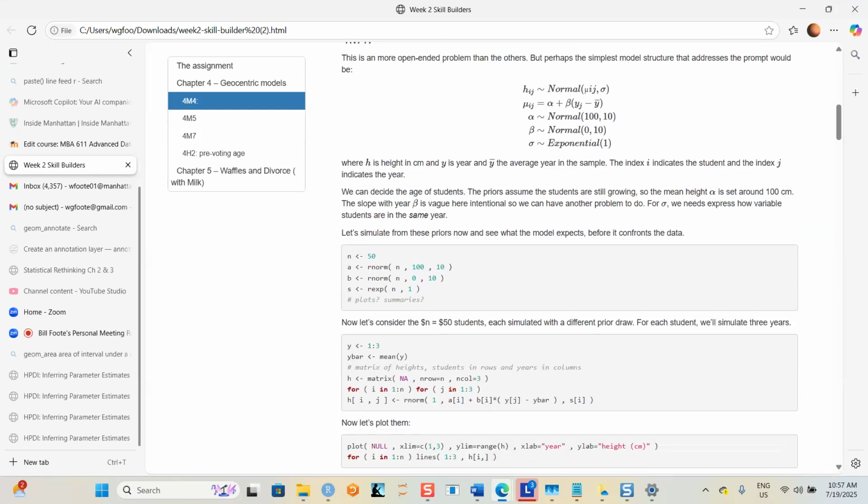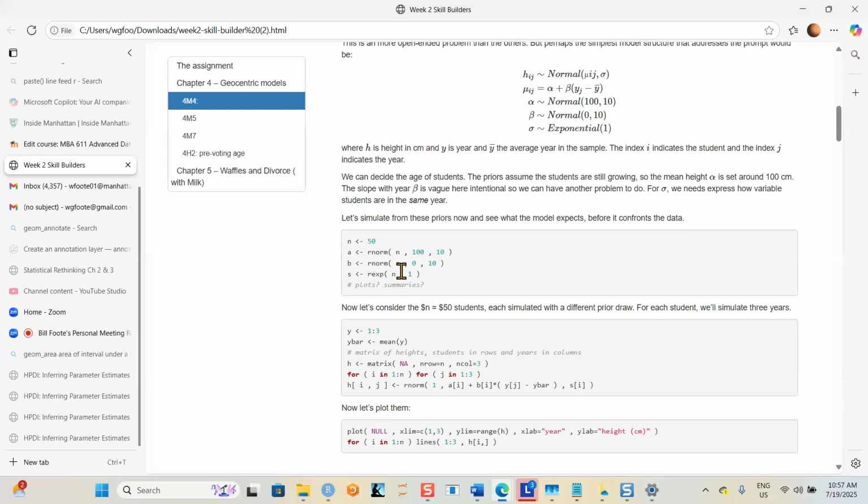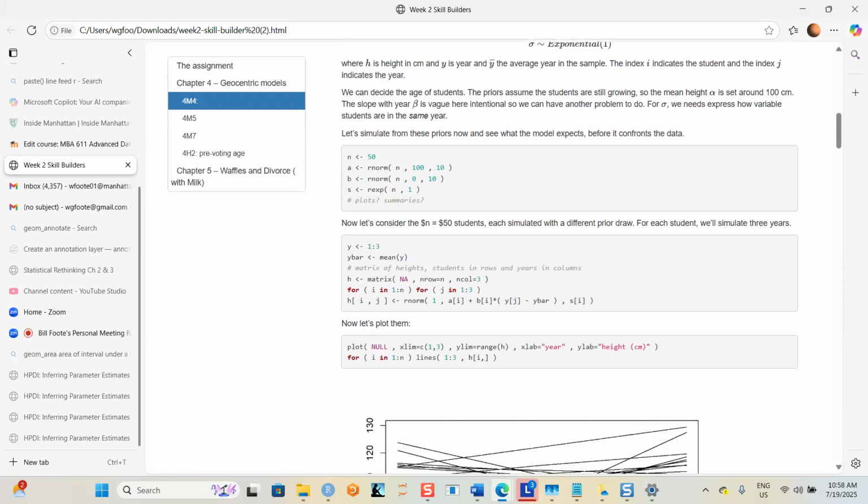So here's our generative model. We're generating values for A and B, and S, the sigma. We can do plots and summaries and all of that. We have simulated 3 years. Now, this simulation uses a matrix, and it does 2 for loops.